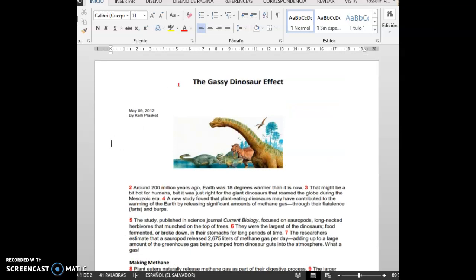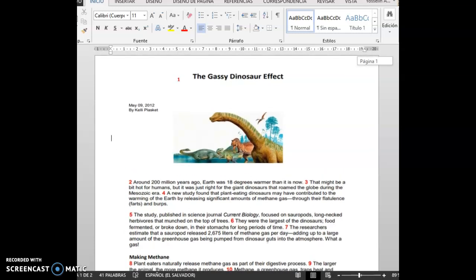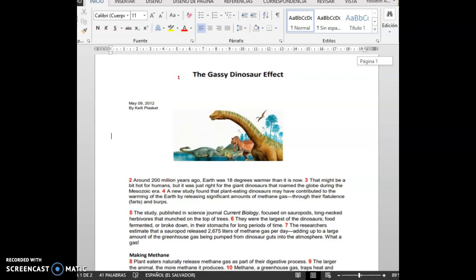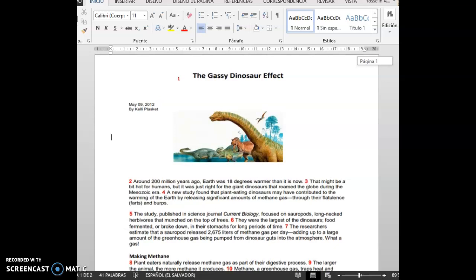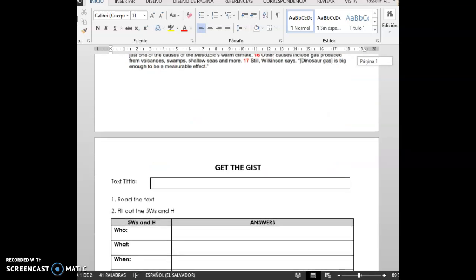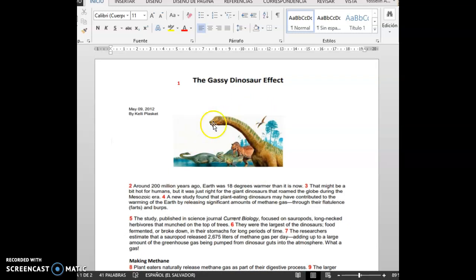So let's start then. A good tip for doing this is that we are going to apply skimming and scanning. We can do it perfectly here. So we can apply 3 strategies: skimming, scanning, and then getting the gist. Let's do the first thing, skimming and scanning. We can see that we have a picture here, a dinosaur, and obviously the article is going to be about that.